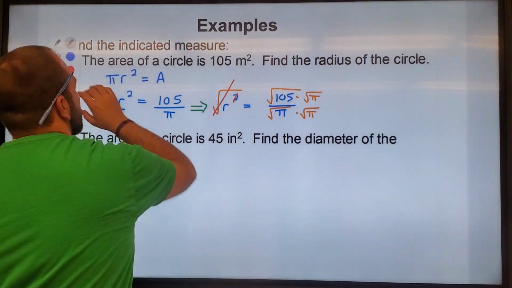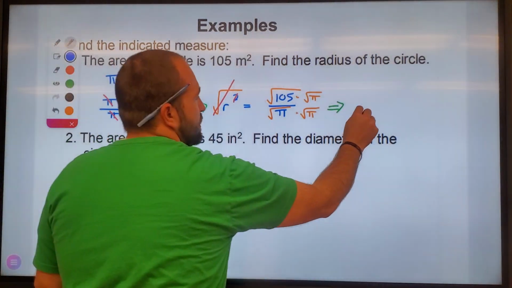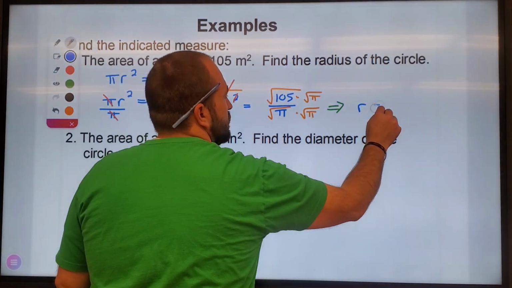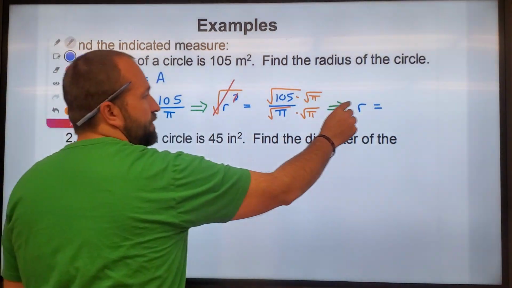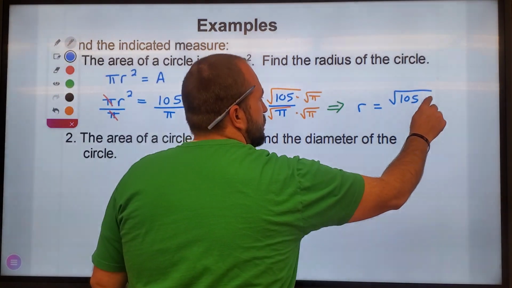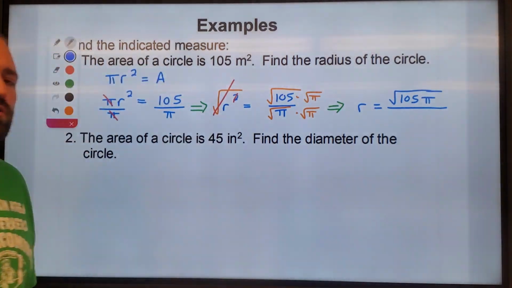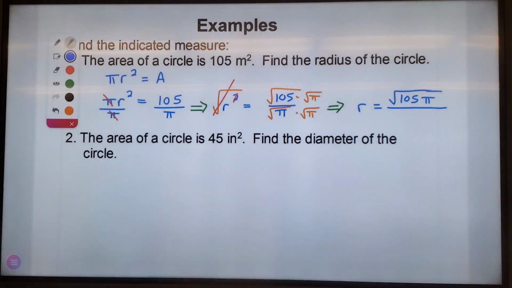Which is going to give me then that r equals square root of 105 pi, again, undoing my multiplication property of square roots, and then square root of pi times the square root of pi is just pi.